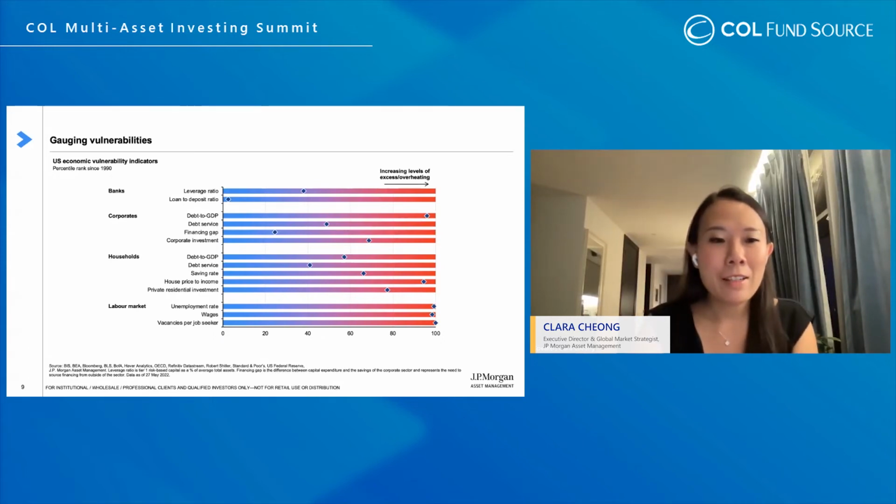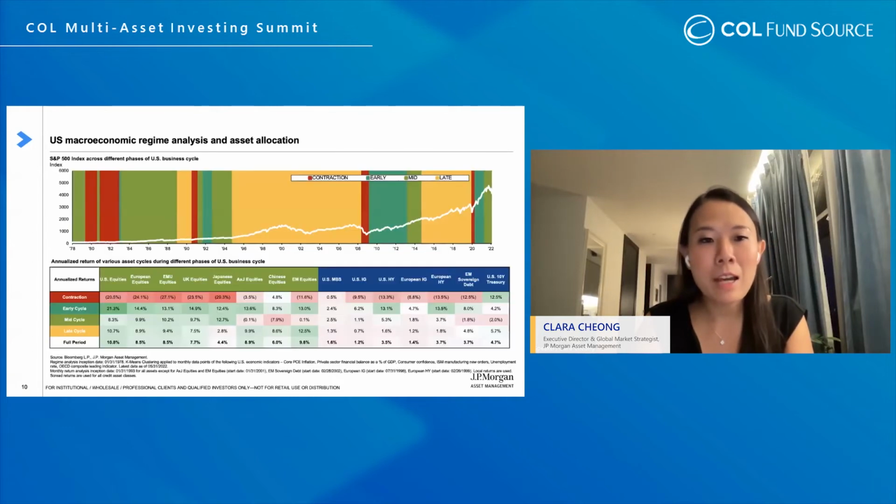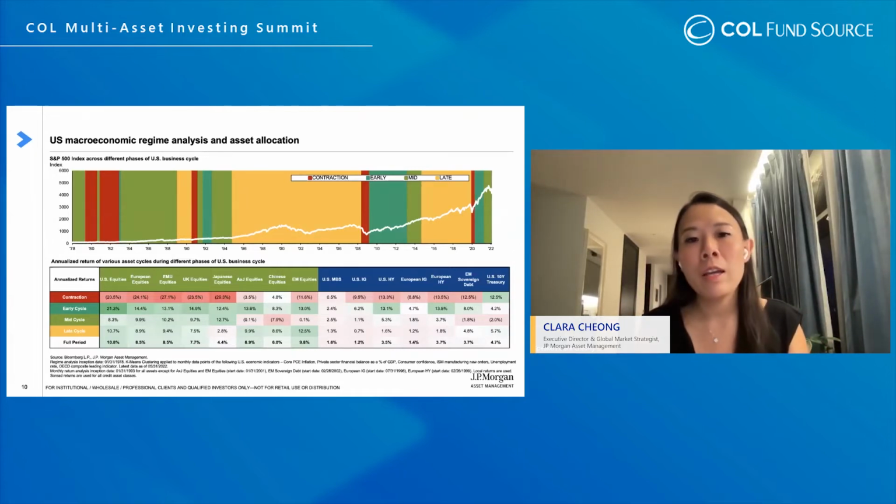So on the next slide, what do we do with this outlook? Here, we put together a couple of very key macroeconomic indicators, some of which were included on the last page as well. And this helps us to think about where we are in the cycle. So we are moving much to the later part of the cycle.